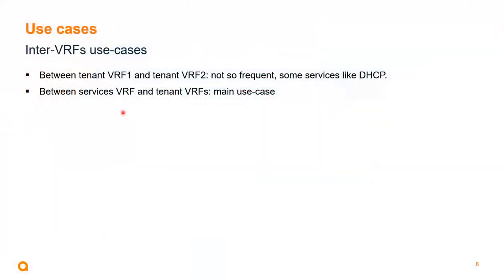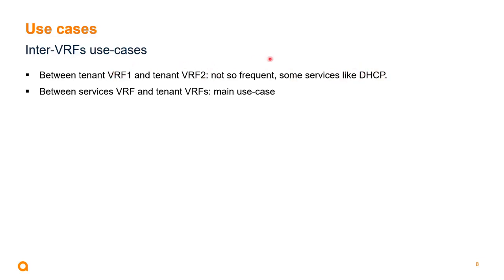What are the use cases for inter-VRF route leaking? You can obviously exchange routes between tenant VRF1 and tenant VRF2. However, this is not so frequent. It could be, for instance, that you have some services like a DHCP server sitting in a tenant VRF, and you want to leak those routes of the DHCP server between VRF2 and VRF1.